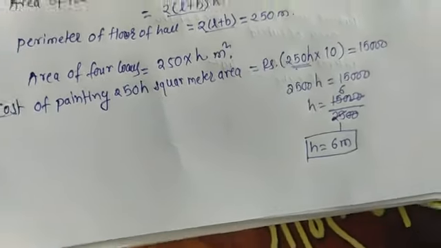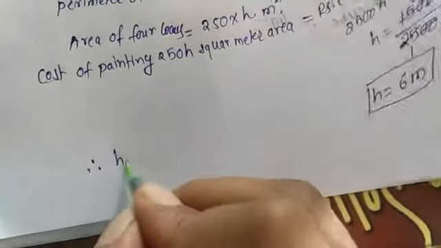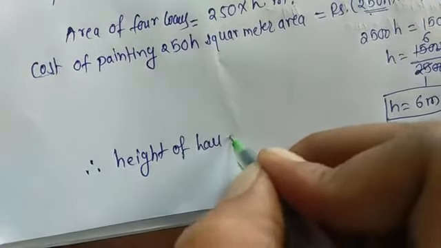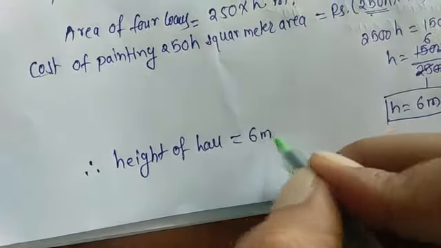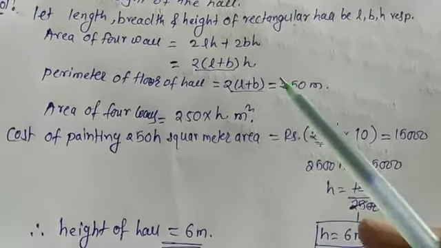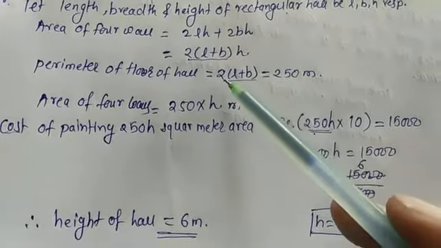Therefore the height of the hall is equal to 6 meter. In this example you can also find the length and breadth by using these two equations.